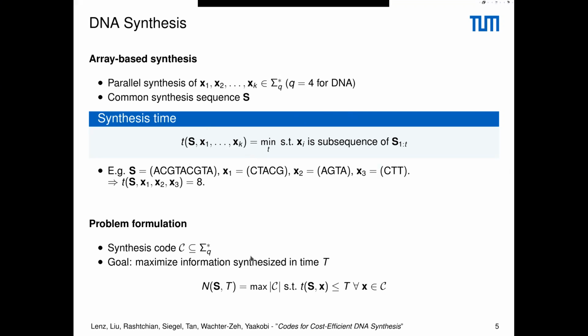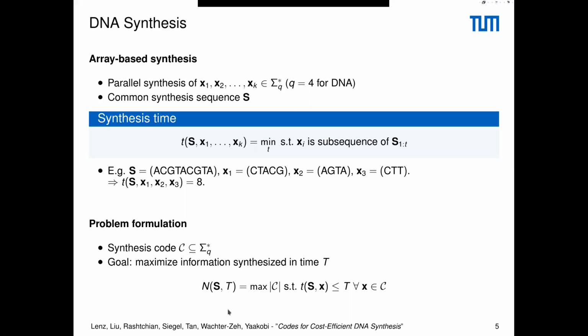In other words, we want to maximize the information synthesized in a specific time, capital T, which means we're looking for maximizing the size of the code such that the synthesis time of all of the strands in this code is less or equal than T. And then we will denote this maximum size of the code by n of S and T.